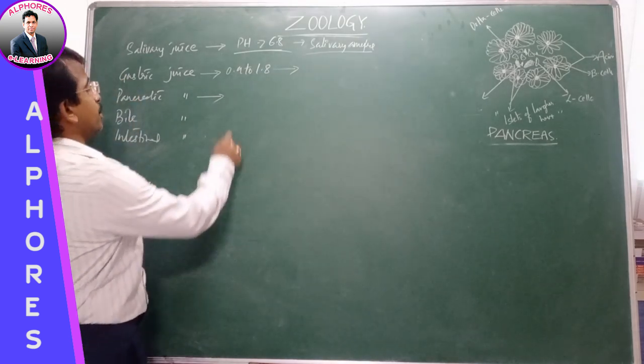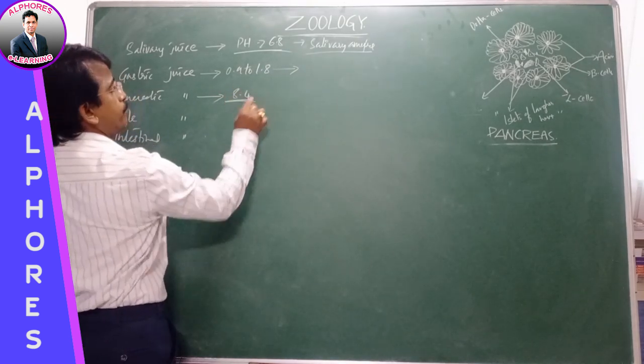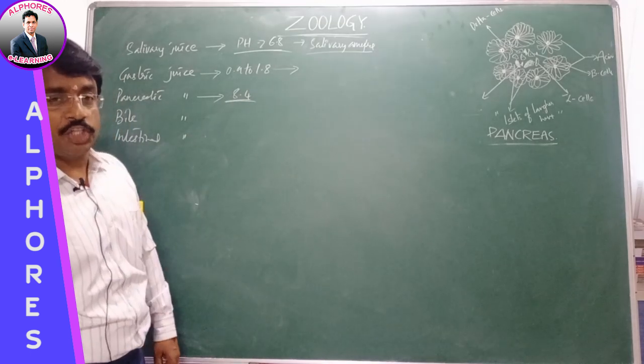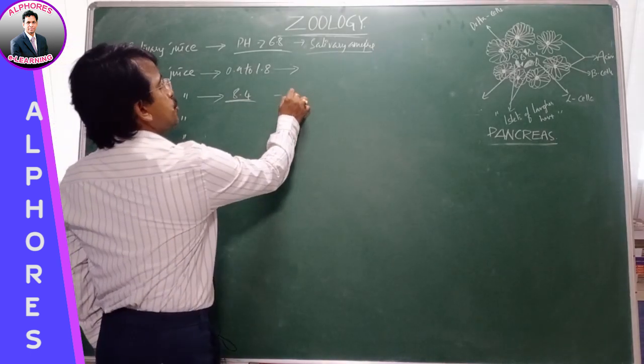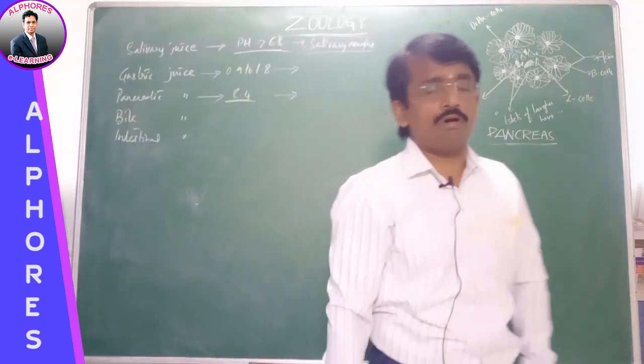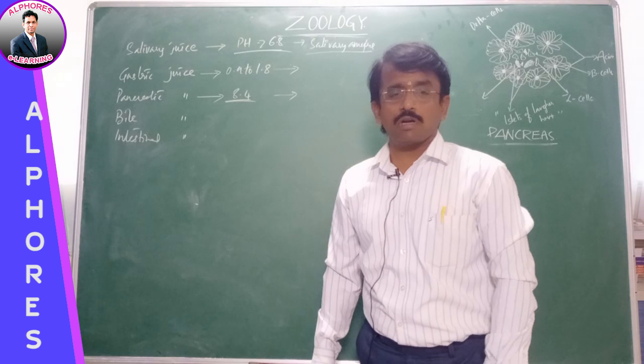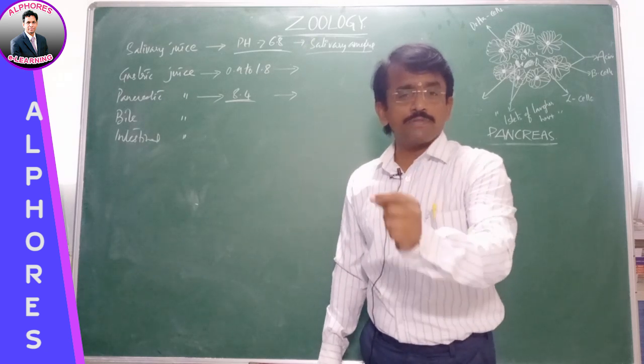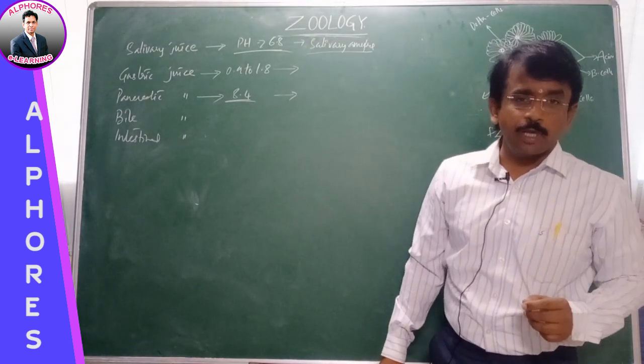The third one is the pancreatic juice. Pancreatic juice has a pH value of 8.4, alkaline in nature. It contains trypsinogen, chymotrypsinogen, and procarboxypeptidase in inactive form, which are converted into trypsin, chymotrypsin, and carboxypeptidase.